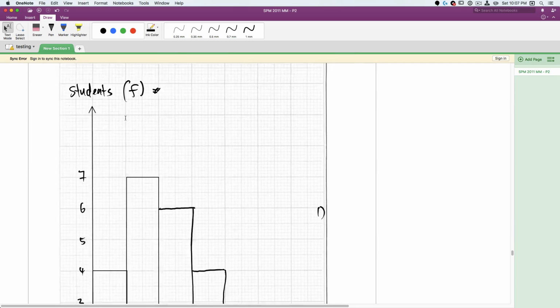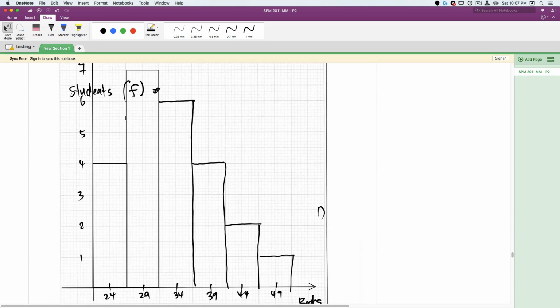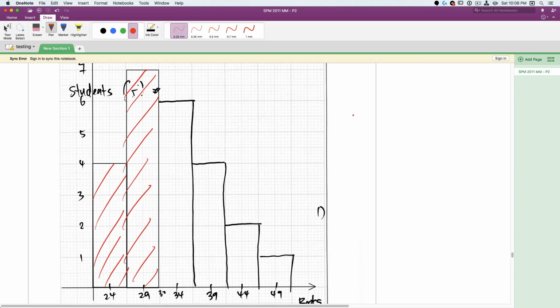So how many students read less than 32? This is 34, right? So I guess 32 is somewhere here. So reading less than 32 means this bar and this bar. So this is 7, 4. So the answer for E is just 7 plus 4, which is 11.